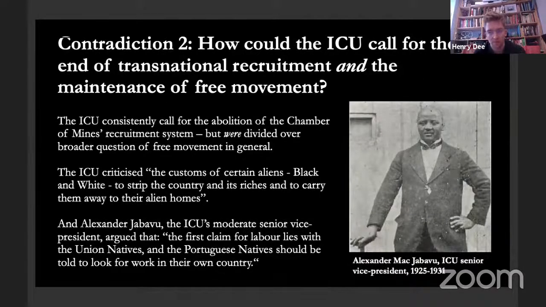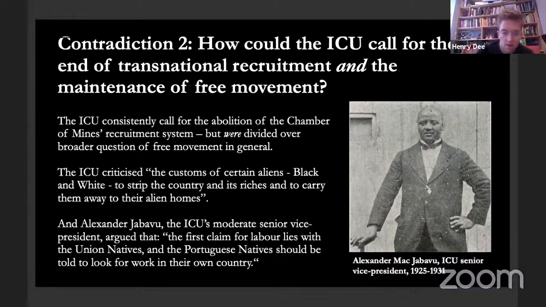I suppose, just as the Chamber of Mines takes a slightly complicated and contradictory approach, so in some ways does the ICU. So it's not cut hard and fast that they support freedom of movement outright. So there's this question of how can they then reconcile the end of transnational recruitment and the maintenance of free movement. And they are divided over this issue. So Alex Makjabavu, who's the senior vice president pictured here, he does call for the deportation of all Mozambican workers, and he says they should stay in Mozambique.